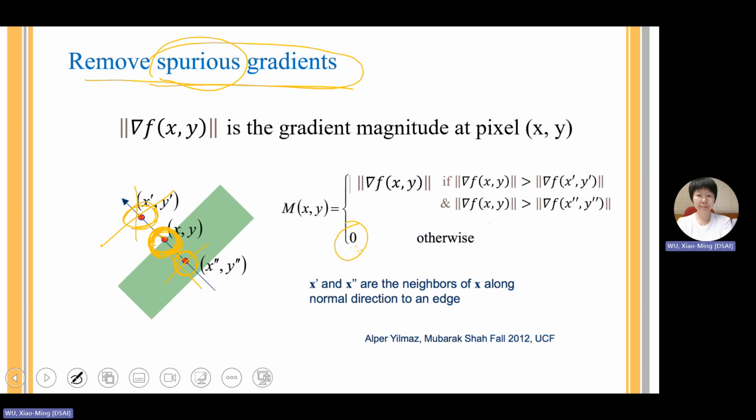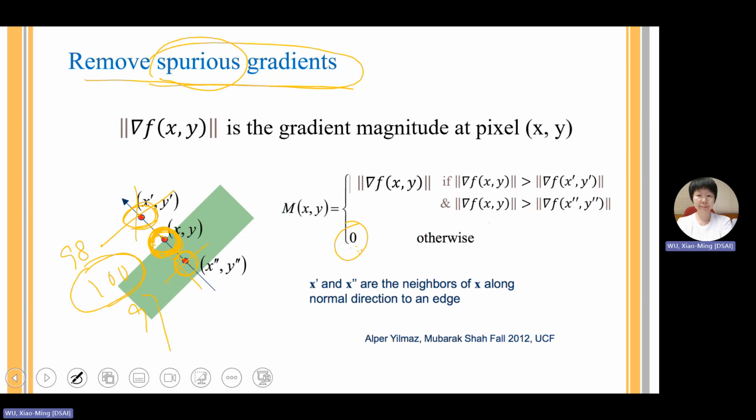Okay? So I'm going to say it again. Let's say the gradient values of the 3 points are 100, 98 and 97. Okay, so their gradient values are all big. That's why we have those redundant gradients. But now we want to do non-maximum suppression. We only want to keep the highest one.